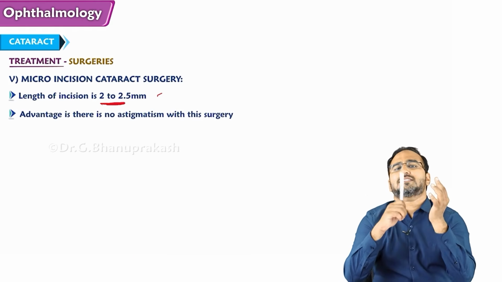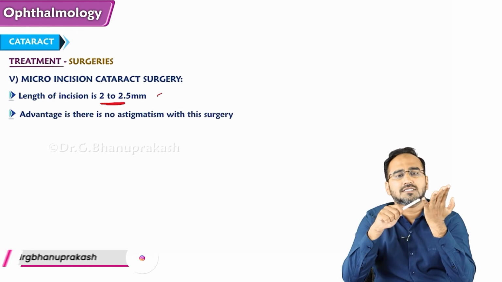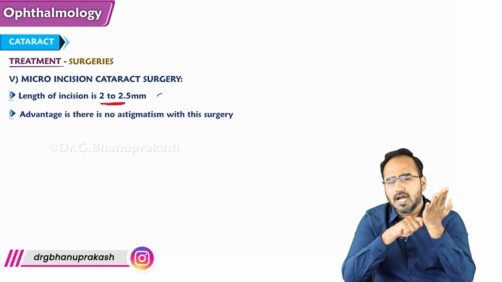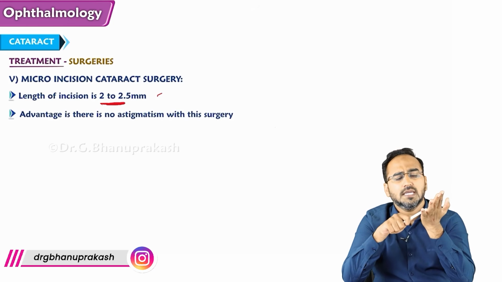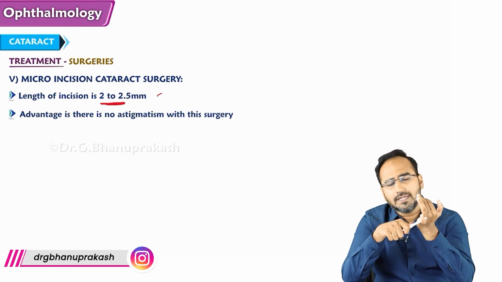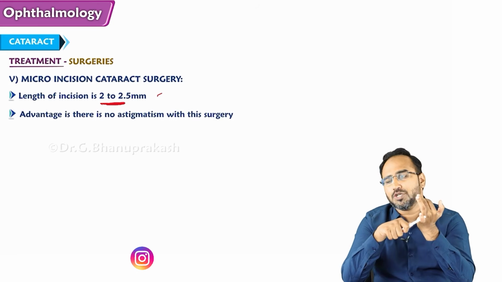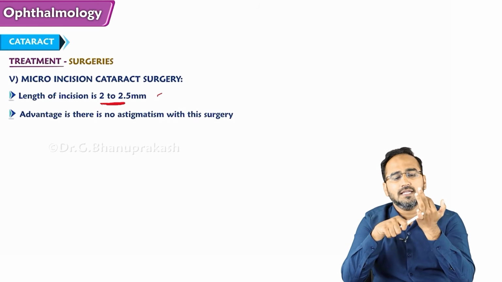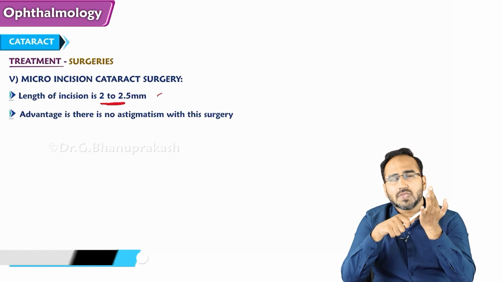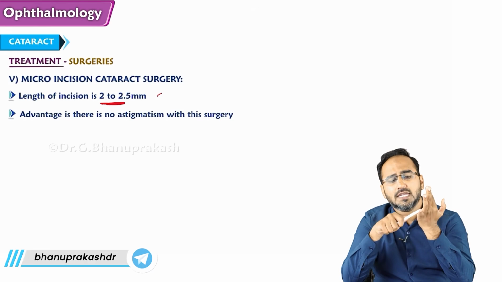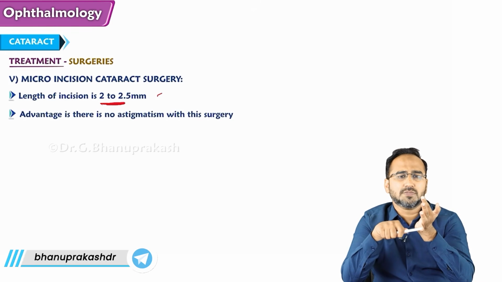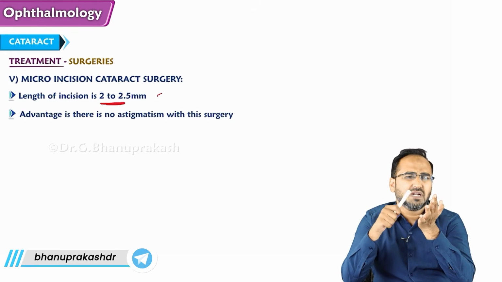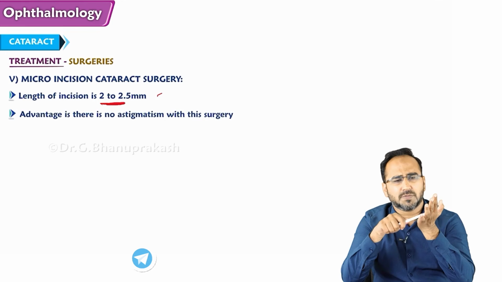So once again, guys, is ICCE done for cataract? No, sir. ICCE is done only for subluxation and dislocation. ECCE and PCIOL are done for mature and hypermature stages of the cataract, but with wound-related astigmatism from the 6 to 6.5 mm incision.